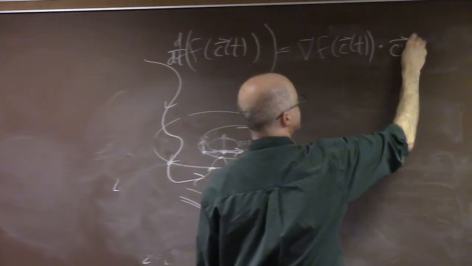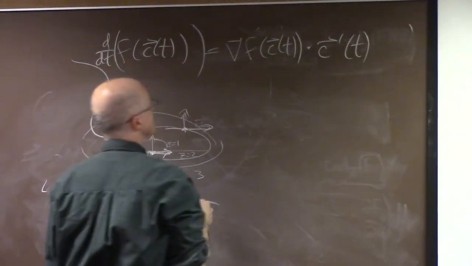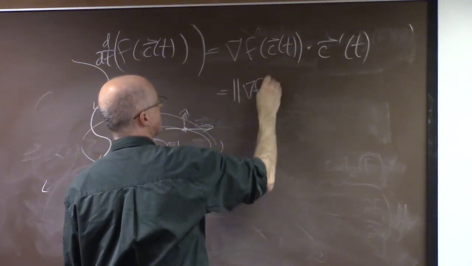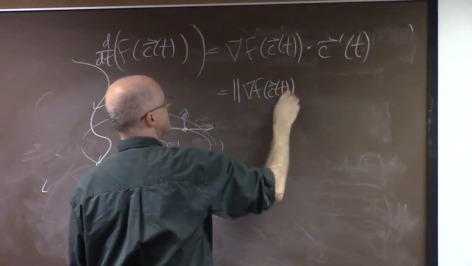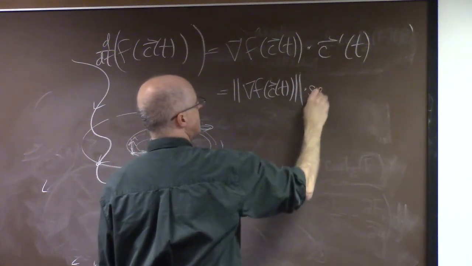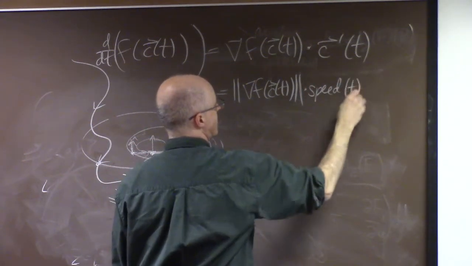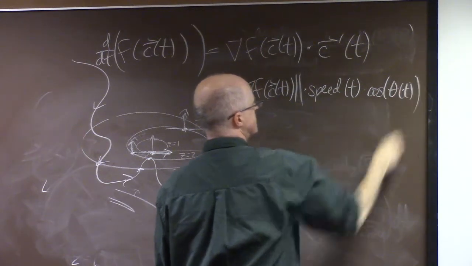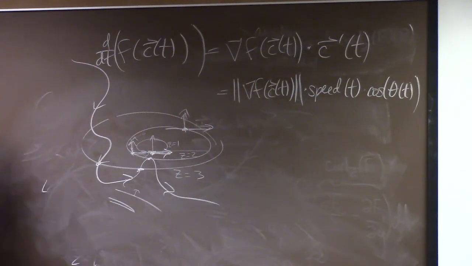It's a dot product of the gradient vector dotted with the velocity vector, which can also be thought of as the length of the gradient vector at the given point times the speed, length of the velocity vector, times the cosine of the angle between those vectors. These things all depend on t.